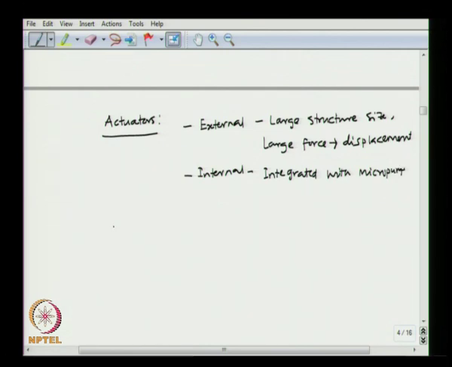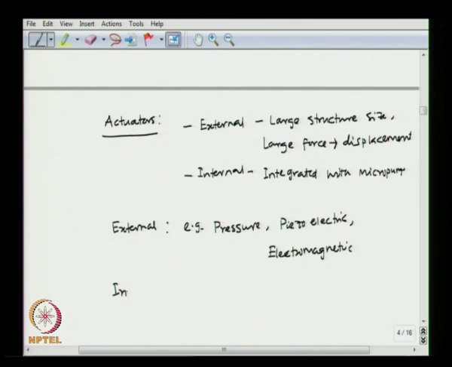Now the examples of external actuators, as we have seen earlier, are the pressure based actuation, the piezoelectric, or the electromagnetic. So these are outside the micro pump. Internal actuators are electrostatic, which are actually inside the micro pump itself.